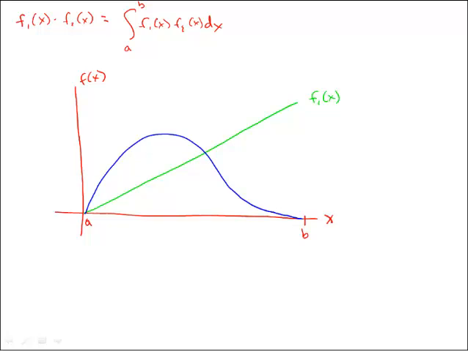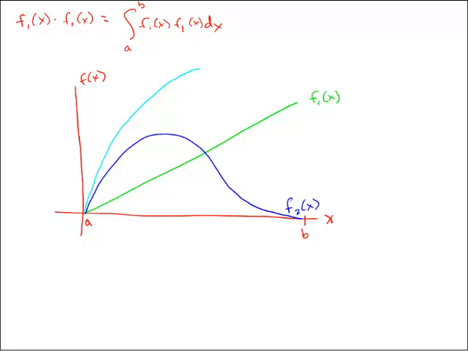How do we calculate the dot product? Well, first we have to multiply the two functions together. So that was f2 of x. We would like to multiply these two functions together. That might look something like that. And I'm not very good at doing this by hand, but maybe it would come down like that.